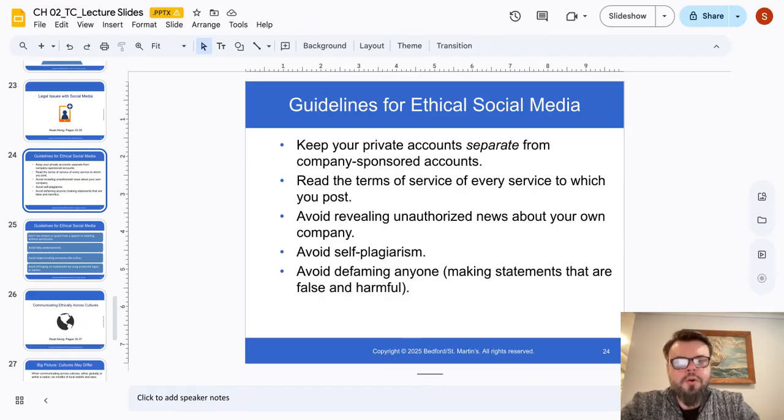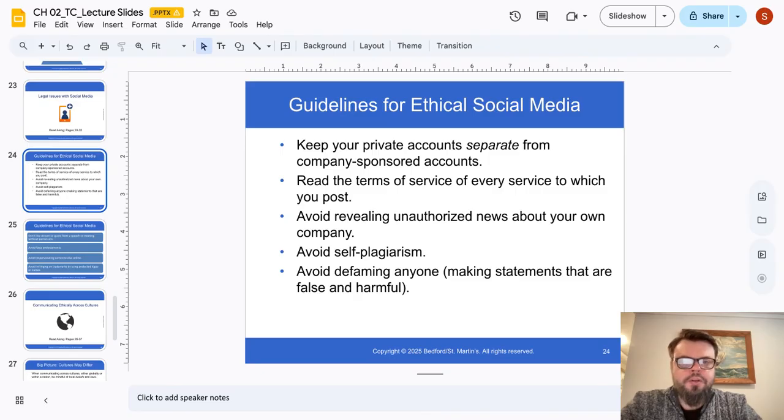Another is to read the terms of service of platforms carefully, since many allow reposting of your content in ways employers may not approve. The chapter also warns against revealing unauthorized company information, even casually, because online posts can trigger legal consequences like patent deadlines or investor reactions.